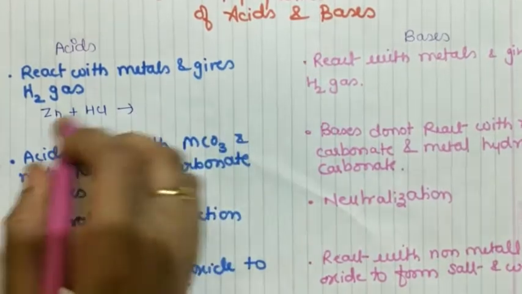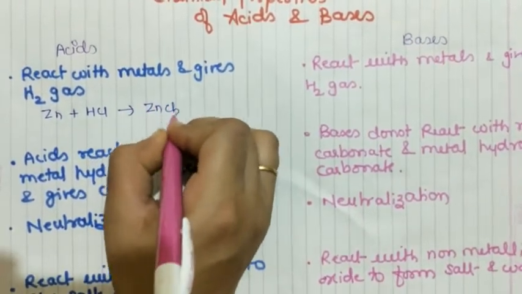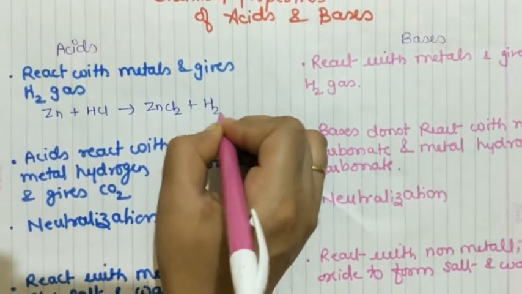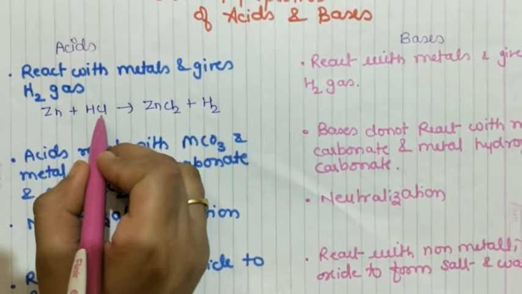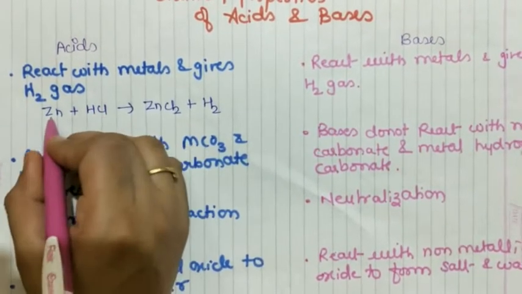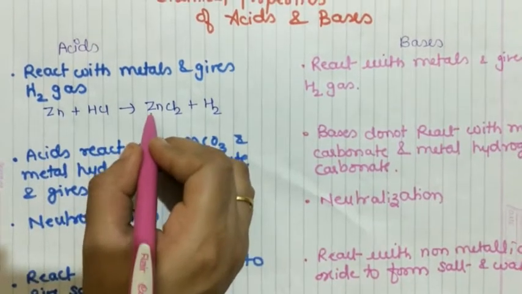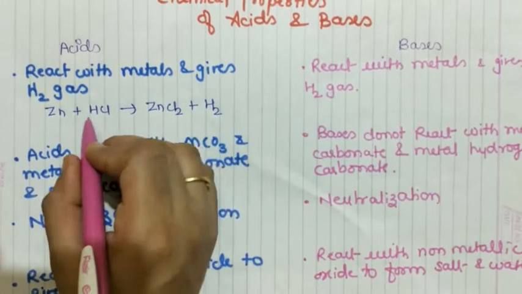What will be the product? ZnCl2 and H2. Why? Because Zn will react with this anion, because it is a cation and this is an anion, so it will form one salt, that is ZnCl2, zinc chloride, releasing hydrogen gas.